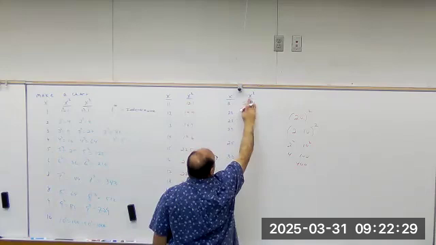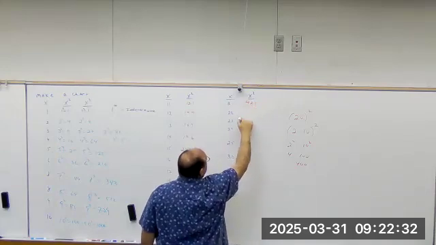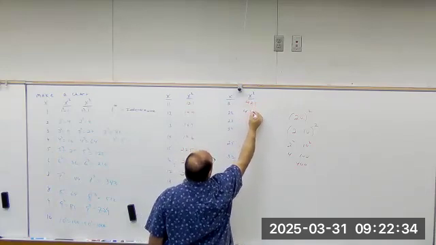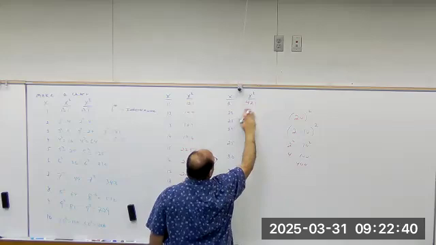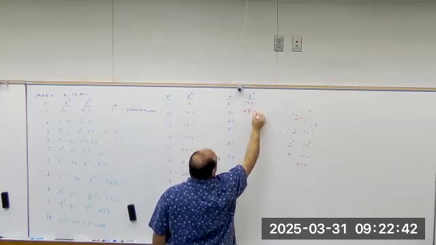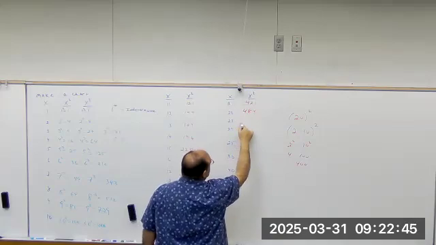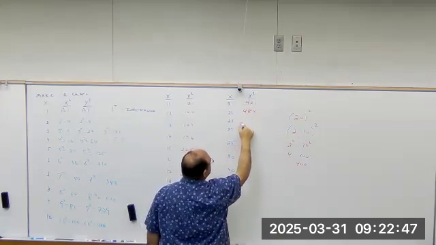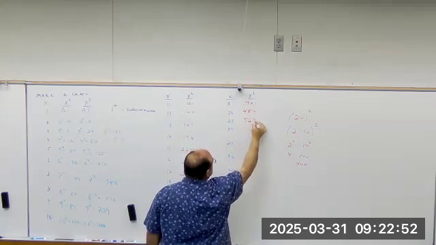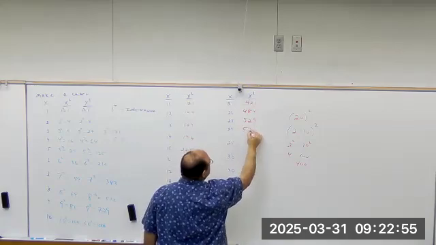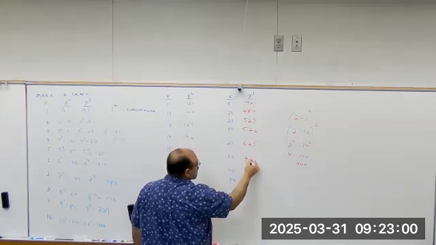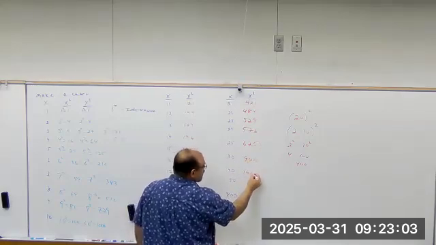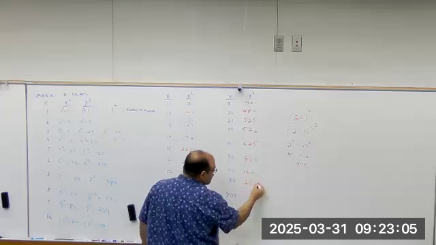21 squared is 441. 22 squared is 484. 23 squared is 529. 24 squared is 576. 25 squared is 625. 30 squared is 900. 40 squared is 1600. 50 squared is 2500.